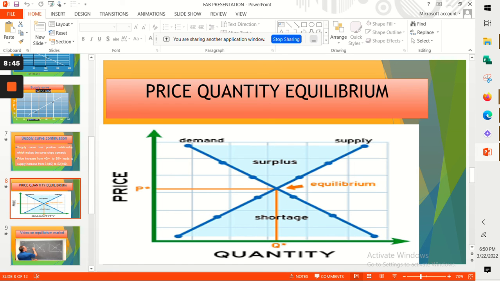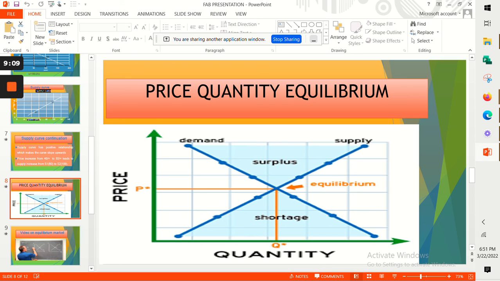It can be any price. It can be 10, 20, 40. And on the x-axis, we have the quantity demanded in the market and the quantity supplied in the market. That is represented by letter Q. Thank you, Malik. Now you understand where the equilibrium is coming from. Yes. Okay, thank you very much for that.